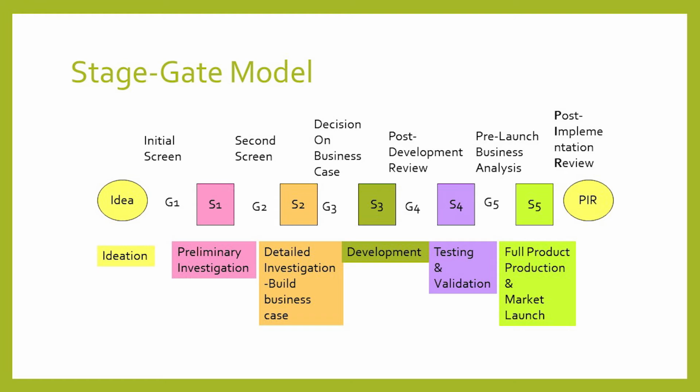The ideas passing the second screen get a more detailed investigation through the process of building a business case that seeks to justify whether continued development is merited. Product concepts that make it through that stage can move into further development, prototyping, and if successful, production.